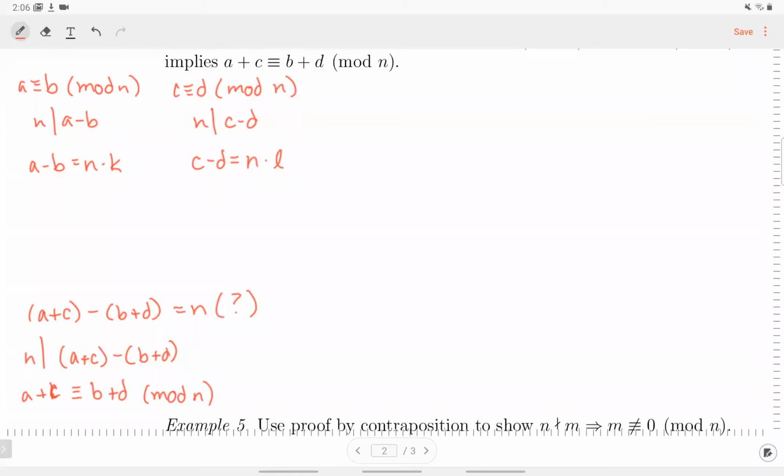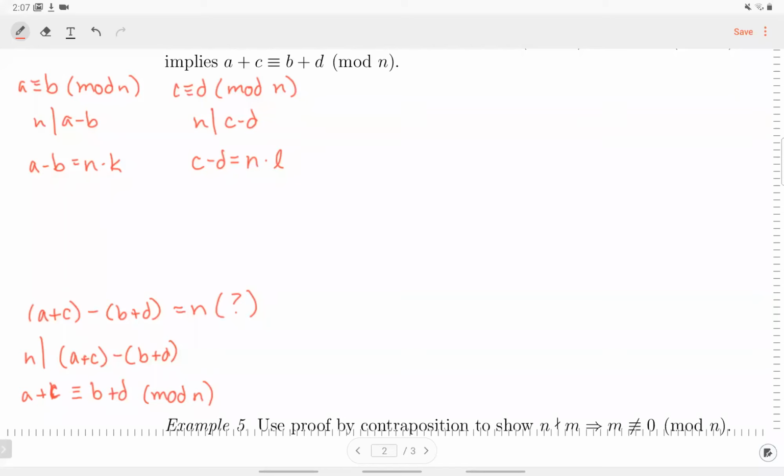Again, I'm using those exact same definitions. I'm just starting at the bottom, writing to the top, because that's my conclusion I'm wanting to get to. How do you get from the goal to that second to last step? I just use the definition of modulo n. If the left side is going to be congruent to the right side, modulo n says that means n divides left minus right. So that's all I did.